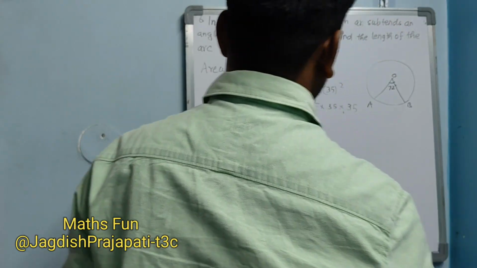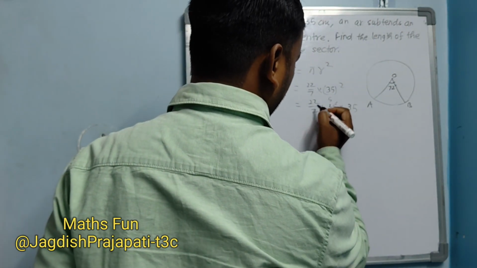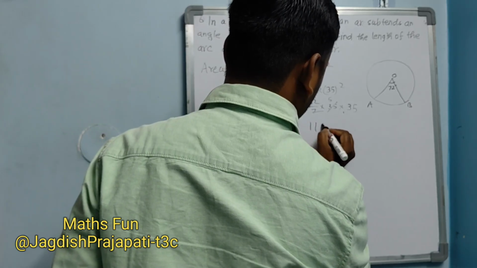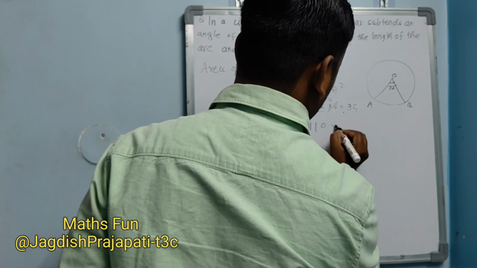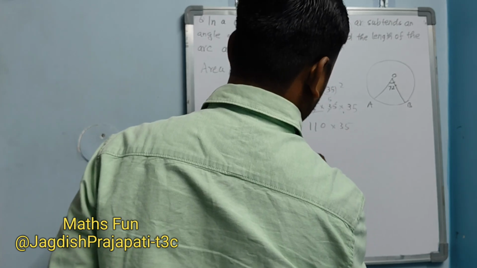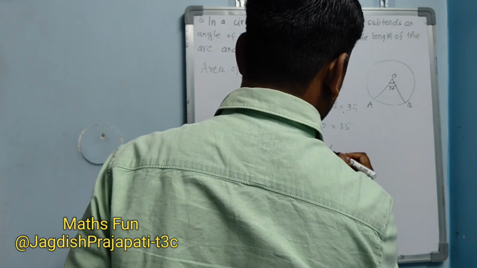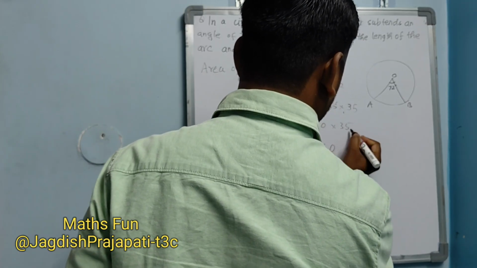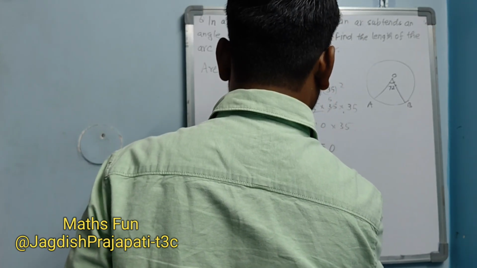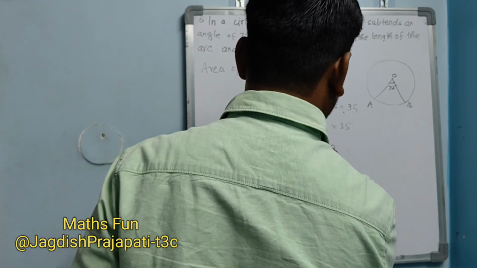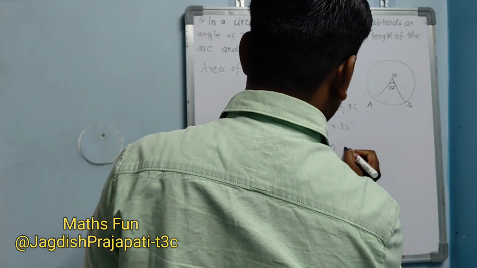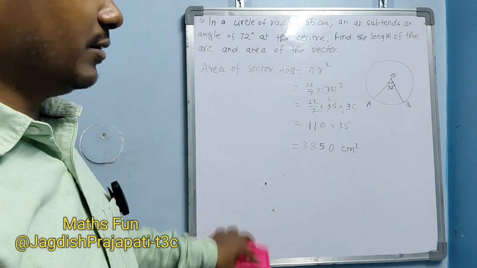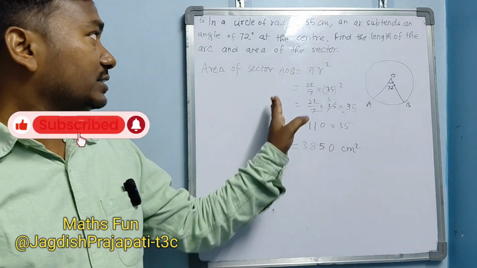Now 7 5s are 35. This will be 110 into 35. 35 1s are 35, 3 carry. This will be in square centimeter.